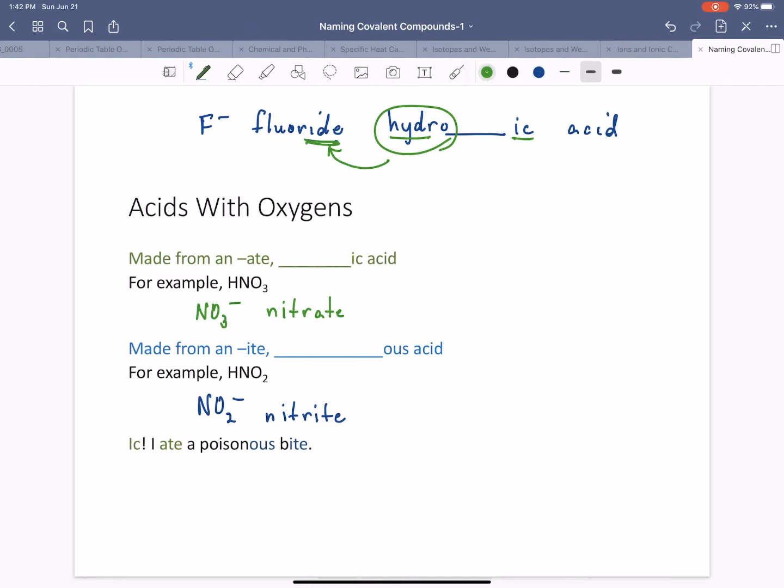Ates make ic acids. So if we add enough hydrogen ions to nitrate, we have a -1 charge here, +1 charge there, we can form a compound that behaves as an acid. And ates make ic acids. This is nitric acid.